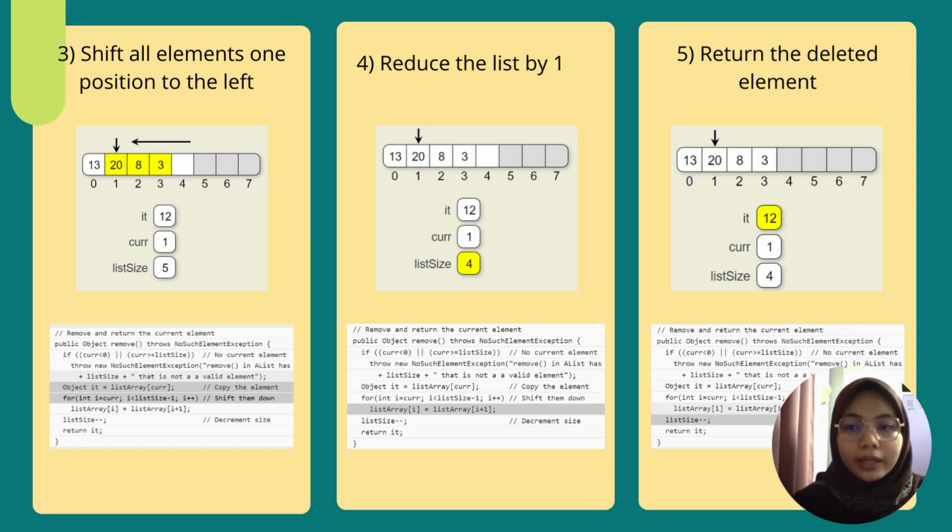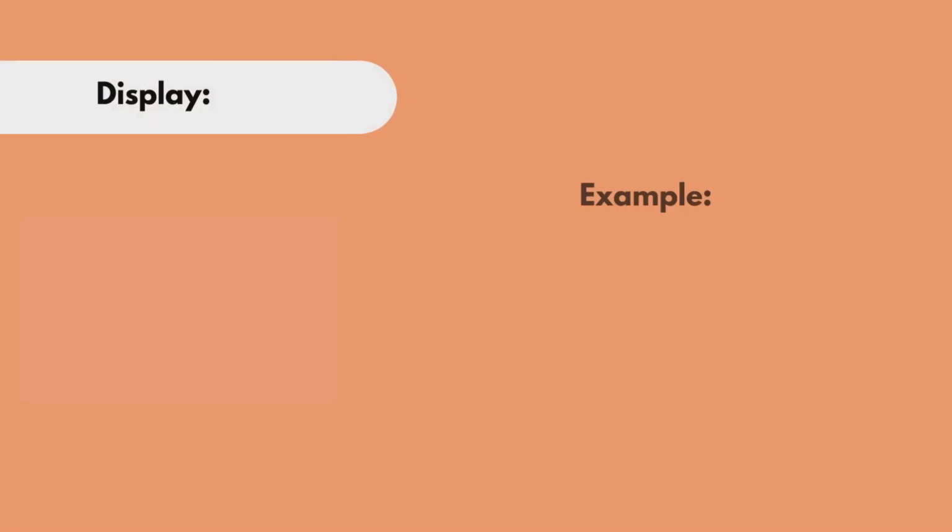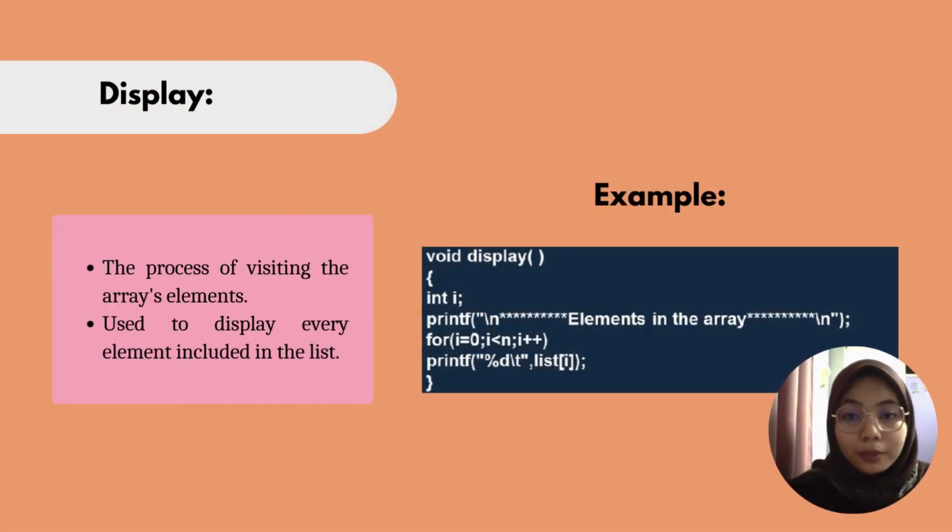We might have to shift all of the remaining elements, so deletion from any array-based list is big O of n operations in the worst case if there are n elements in the list. On average, relocating half of the elements is needed for each insertion or removal. And then last but not least, we have the display operation.